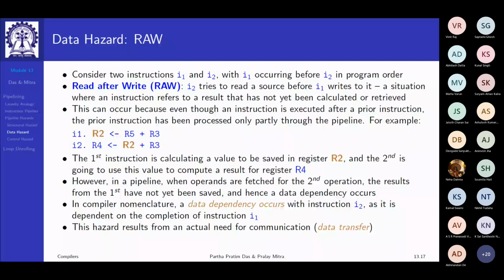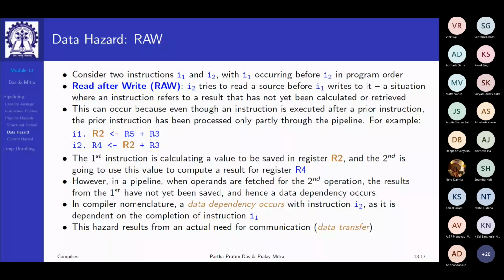Because it is a final update of the register file, which is the write back stage, which is stage 5. Whereas the value that will be read by I2, though I2 is the next instruction, will be read in I2's second stage, right? Which is the instruction decode stage.